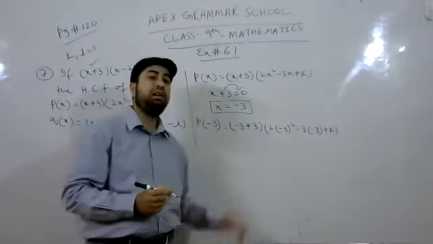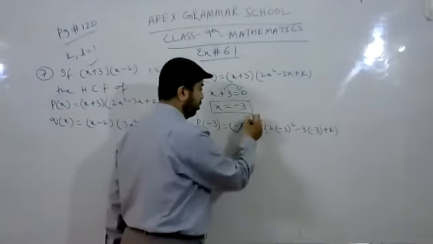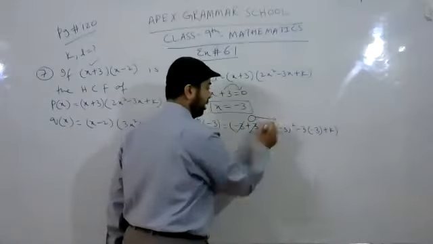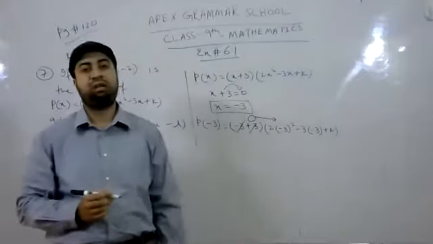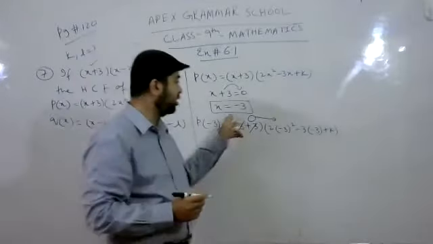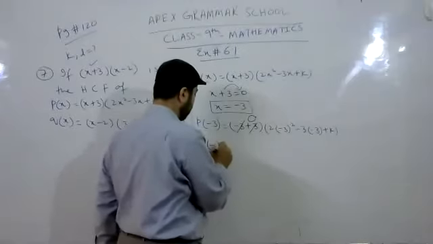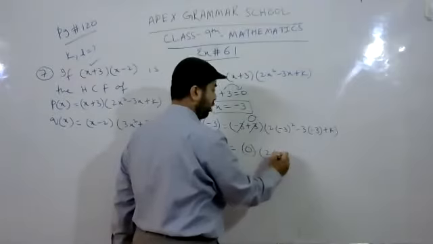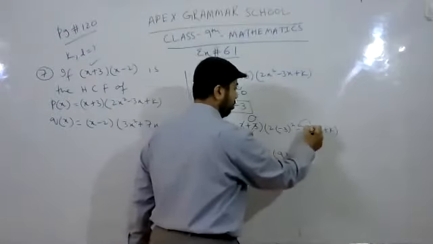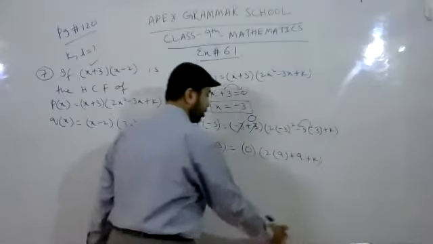-3 and +3 is 0. So if this is 0, then this 0 is going to multiply to all of them. 0 multiplied by 2 into (-3) squared, that is 9, minus into minus is plus, 3 times 3 is 9, and then plus k.